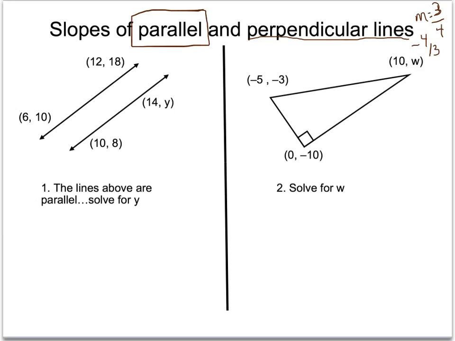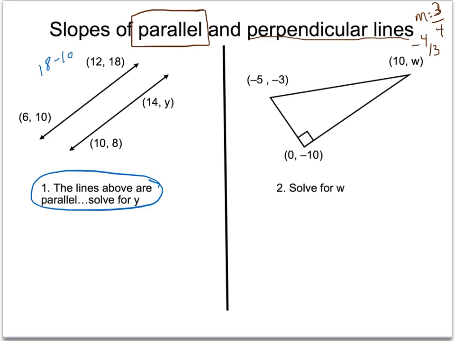Now, looking at problem number 1, you can see I've given you two lines. And in the given information, it says the lines above are parallel. Solve for y. So the first thing you should be thinking about is the fact that both of those lines are going to have the same slope. Now, the line on the left, it's going to be pretty easy to find the slope.